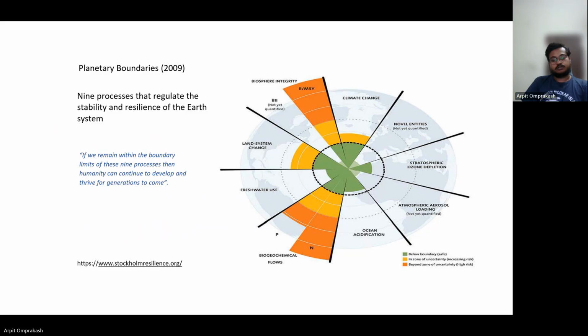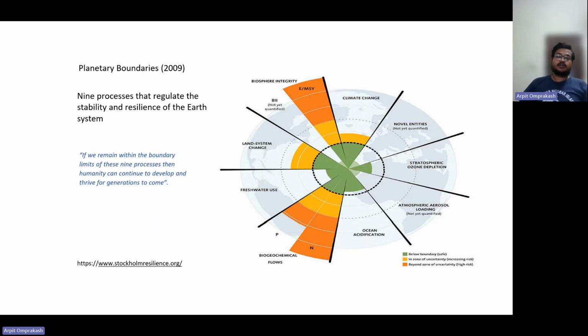Climate change is a very important ongoing crisis that affects a lot of spheres of life, including our human population and other things on our planet. Climate change can be thought of as a process that regulates the stability or the resilience of the system.